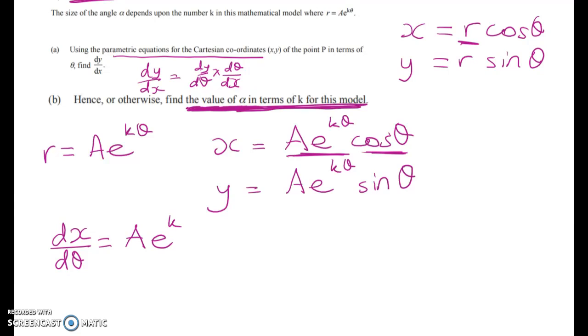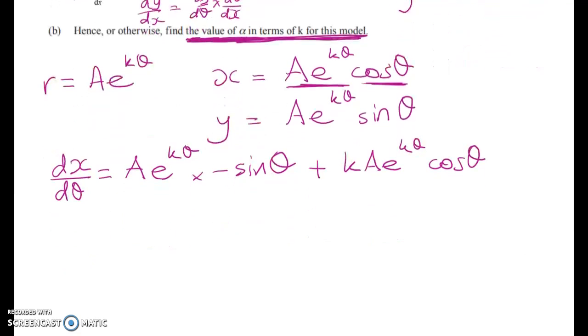So a e to the k theta times negative sine theta plus k a e to the k theta cos theta. Let's clean that up by factorising: a e to the k theta times k cos theta minus sine theta.